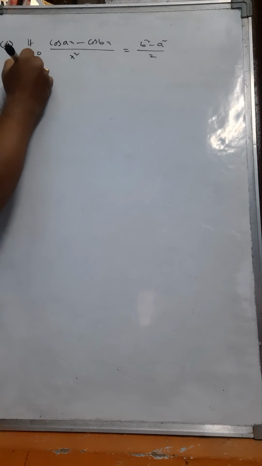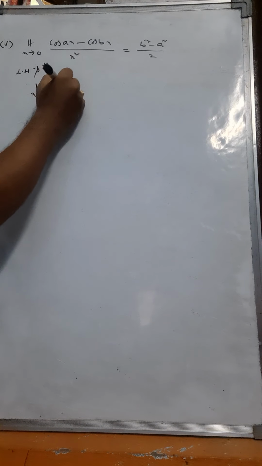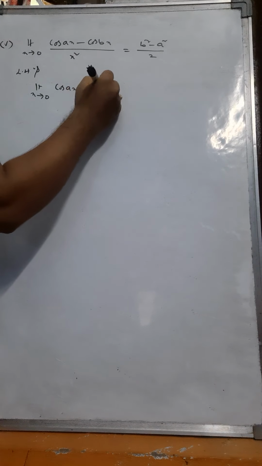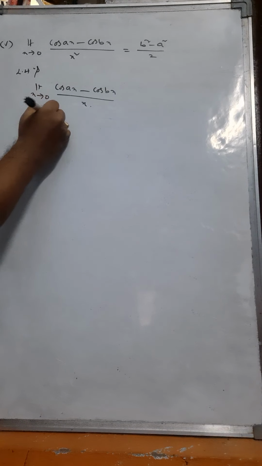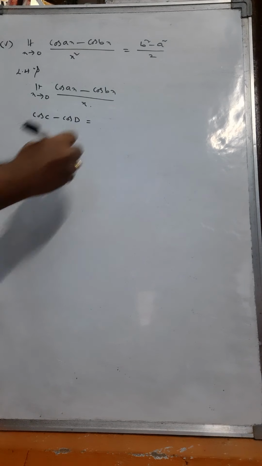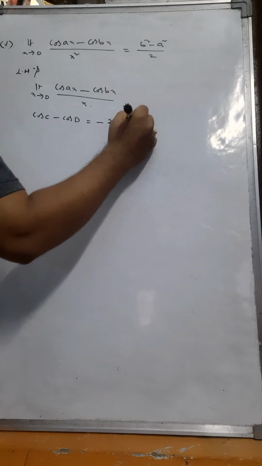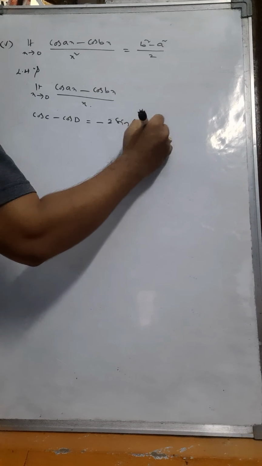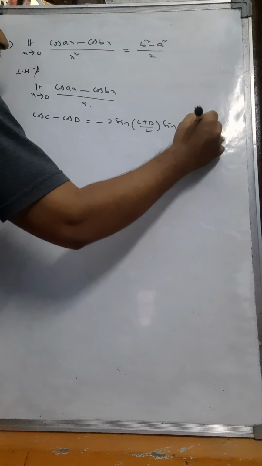So LHS: limit x tends to 0 of cos ax minus cos bx by x square.